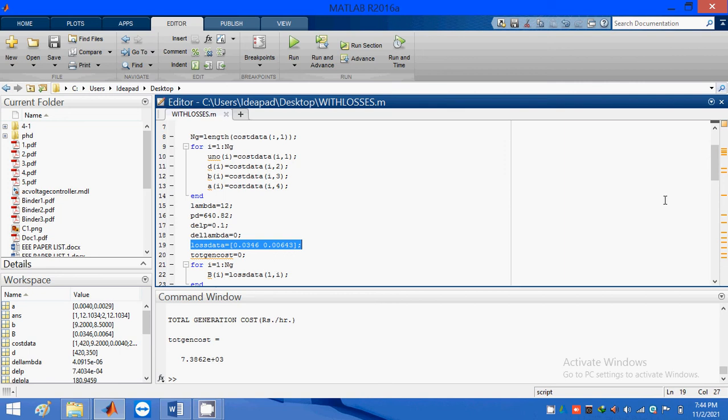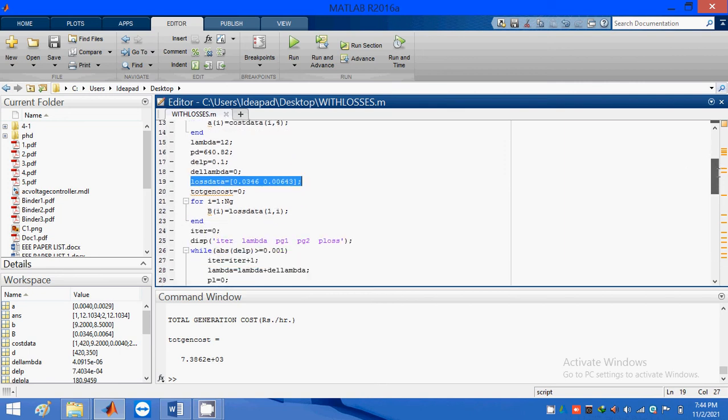I arrange these values in an array with the help of this: B is equal to the loss data for iterations 1 to I. Then I need to find how many iterations to perform, and also lambda, Pg1, Pg2 and power losses.